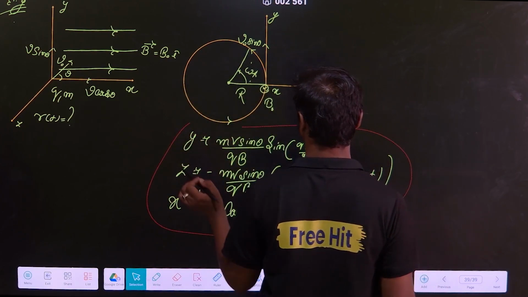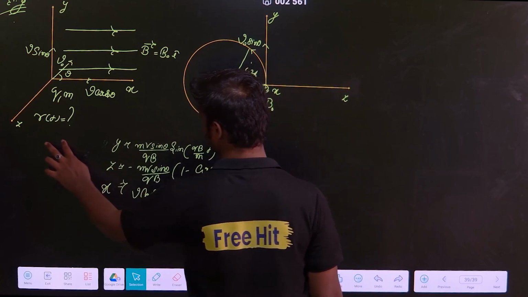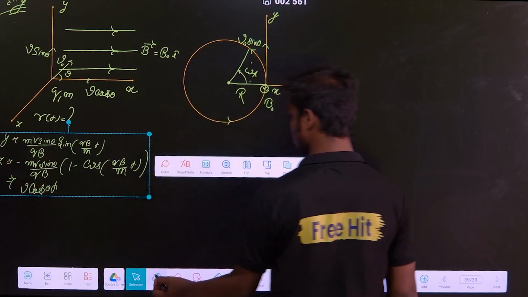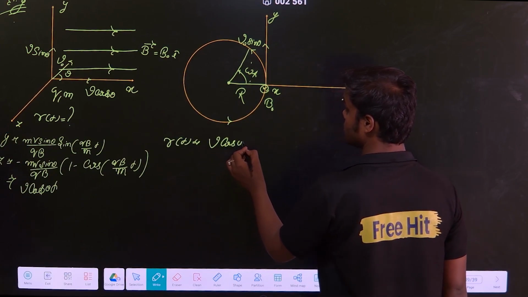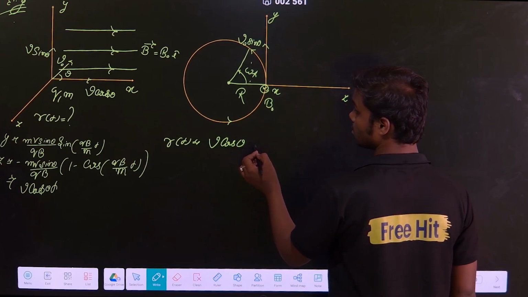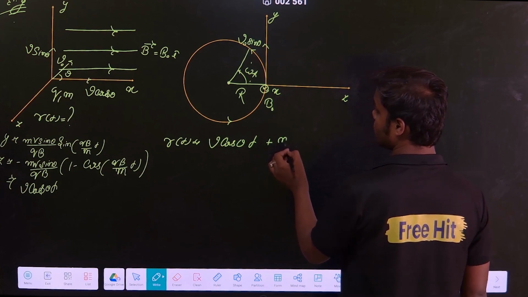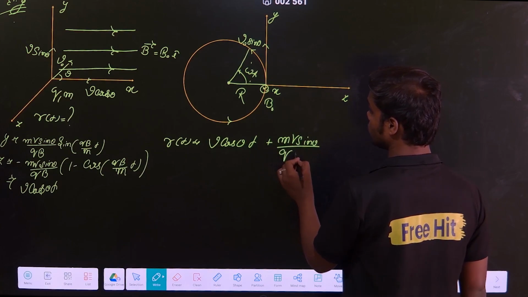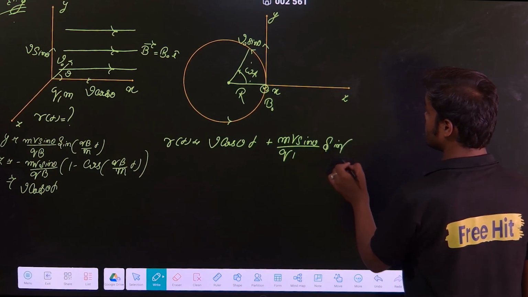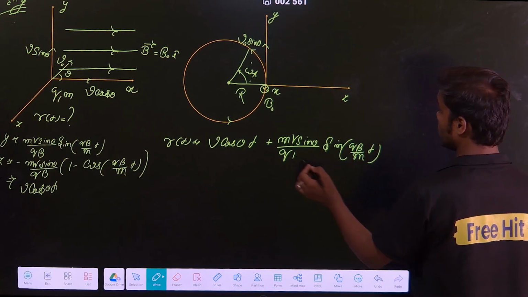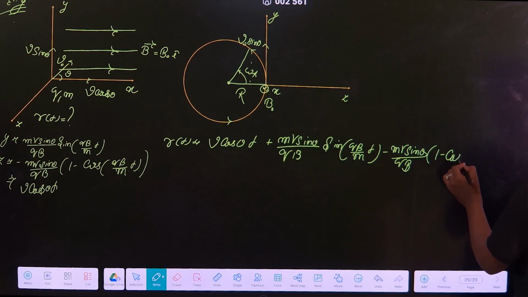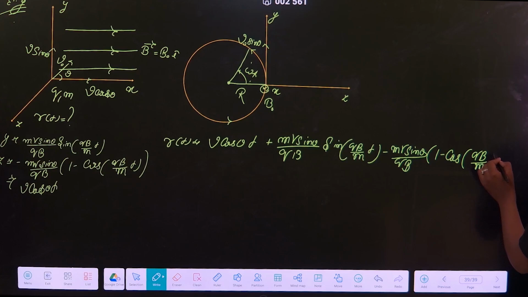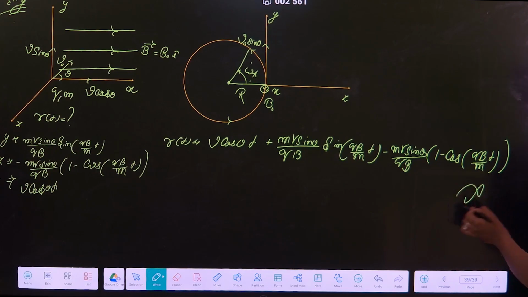If you have noted down, then I can simply say my final r vector will be: x coordinate, that is v cos theta into t, plus in y direction mv sin theta divided by qb into sine of qb by m into t, minus mv sin theta divided by qb into 1 minus cos of qb by m into t. Clear? That is the final position vector.